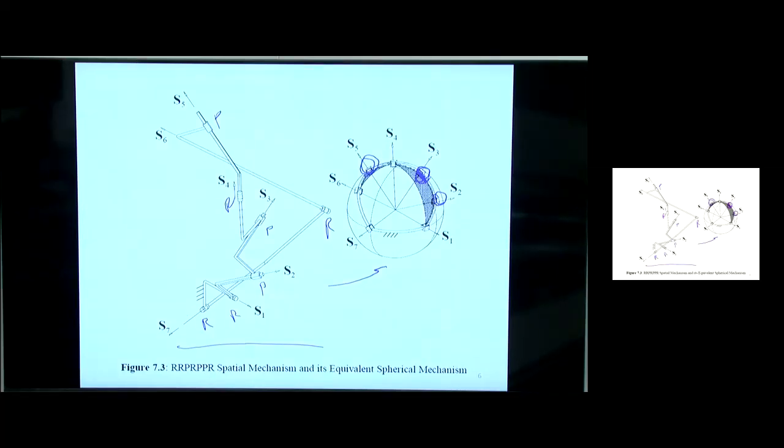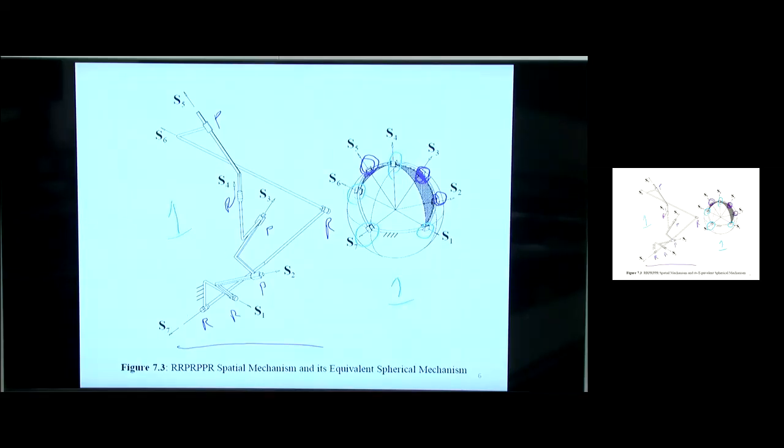So when I look at the mobility of the equivalent spherical mechanism, it's the sum of the freedoms of the joints that have mobility, minus 3. And there's 4 of them, right? I can see them. 1, 2, there's 4 of them that can move. 4 minus 3 is 1. So we have a 1 degree of freedom spatial mechanism whose equivalent spherical mechanism also has 1 degree of freedom.